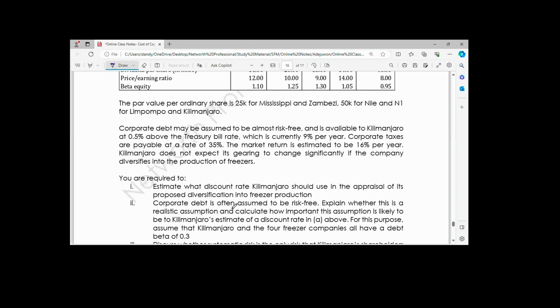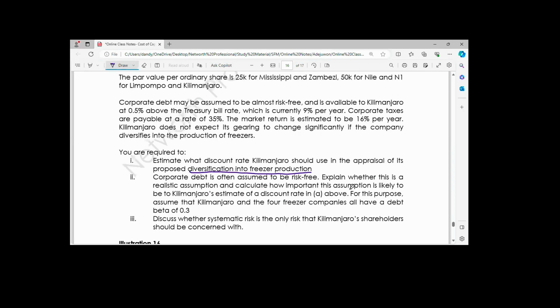You are required to, 1, estimate what discount rate Kilimanjaro should use in the appraisal of its proposed diversification into freezer production. 2, corporate debt is often assumed to be risk-free.